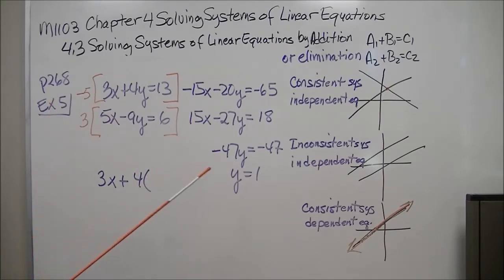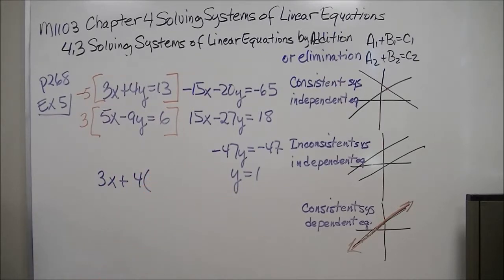Now, an interesting note: in the book, they modified this one. So I thought, as something different, I'd modify this one. So I'm going to get the x's to cancel out. And again, this is the creative part of doing this. I'm going to multiply every term here by a negative 5, so that the x and this x, after I multiply it by a 3, the x's will cancel out.